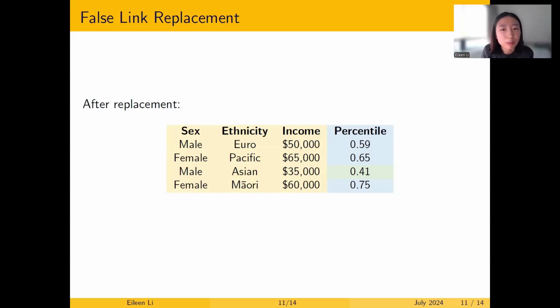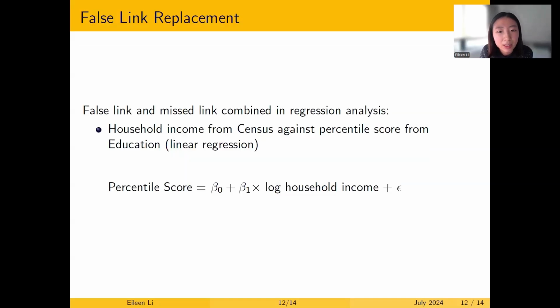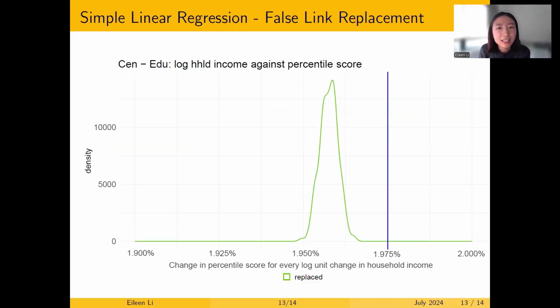Yes, so this is the model I've run. And because I've done this replacement 200 times, I've also obtained 200 beta 1 coefficients, which I've plotted on the next slide.